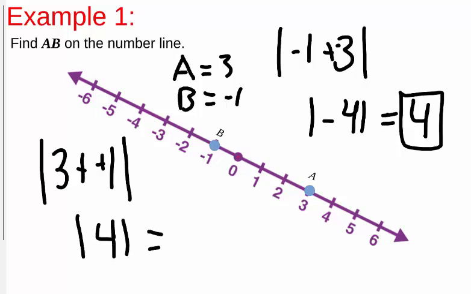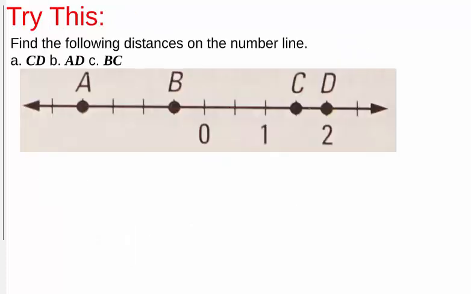The absolute value of 4 is 4. Same. It does not matter which order you do 2 points for this. For the distance on a number line, it doesn't matter. The absolute value cancels it out. It will be the same either way. On a number line, the distance between 2 points, whether you start with the highest number or the lowest number, it works.